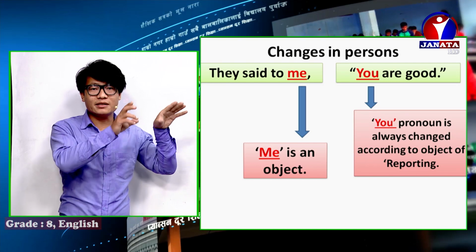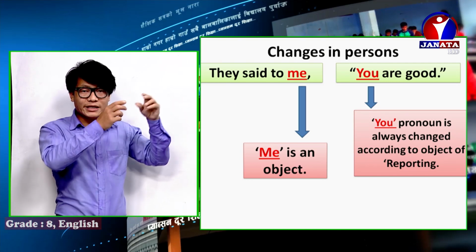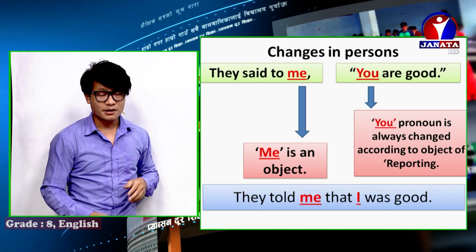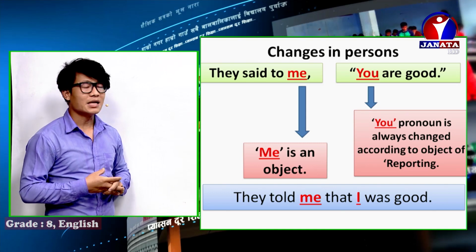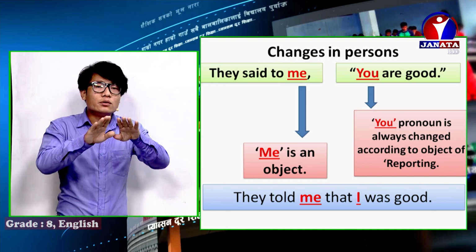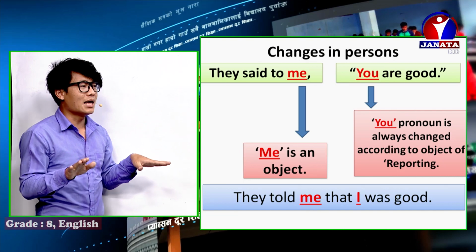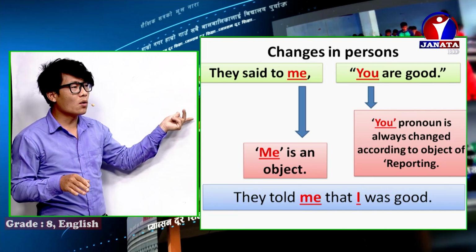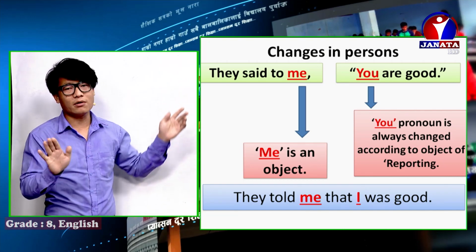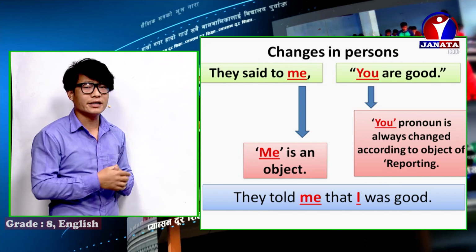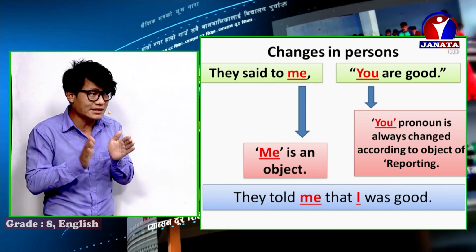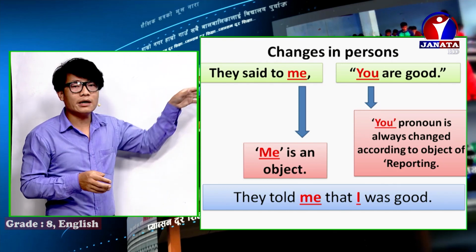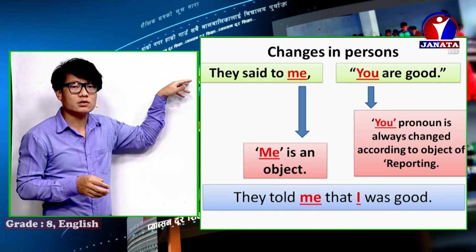Now let's change this direct speech into indirect. They told me that I was good. You don't need to focus now on why there is "told" in the place of "said to". We will learn later. Just now you need to focus on how "you" has been changed into "I".